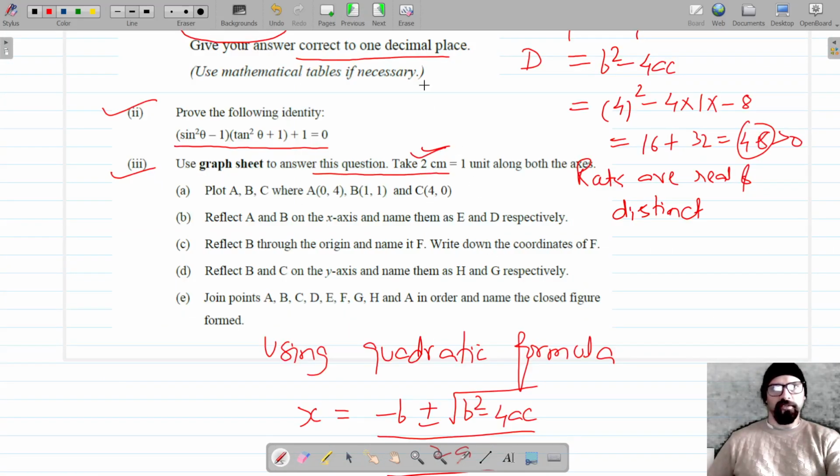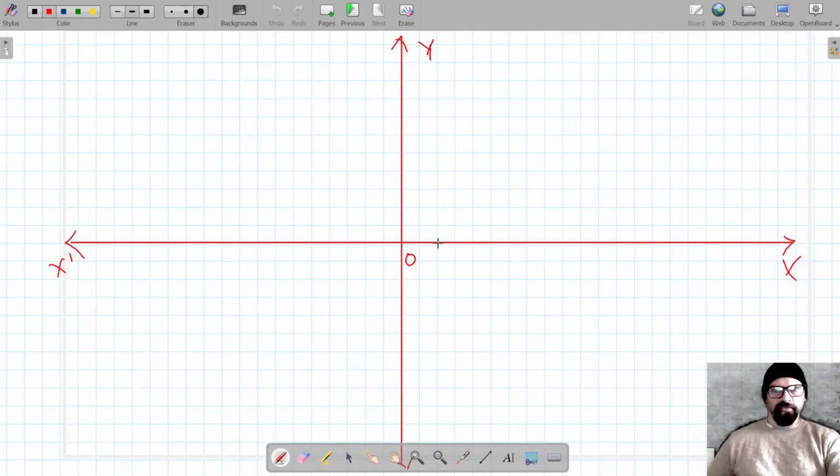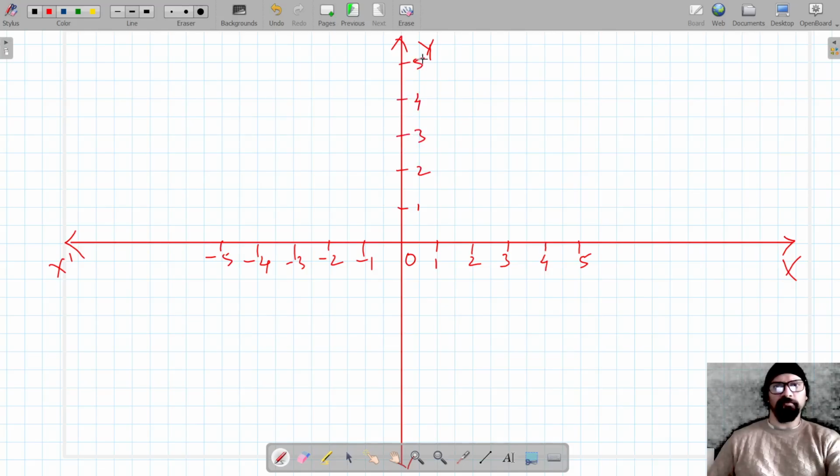You have to take 2 centimeters as 1 unit on the graph sheet. Because this is the interactive panel, I'm going to take 2 divisions as 1 unit. So this is 1, this is 2, this is 3, this is 4, and this is 5.